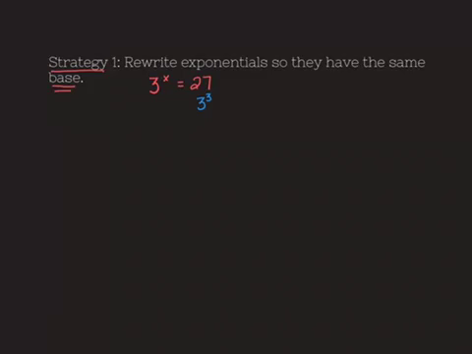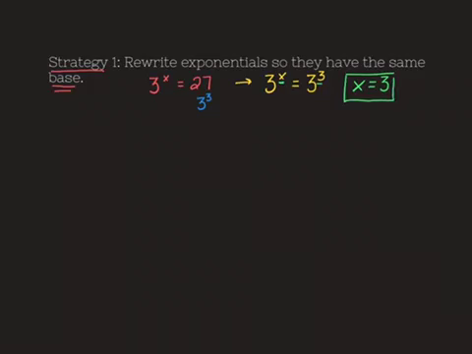So if I were to rewrite that, I would have 3 to the x equals 3 to the 3rd. Now that they have exactly the same base, I see that these exponents would have to be the same, so x would have to be equal to 3, and that would be my answer.